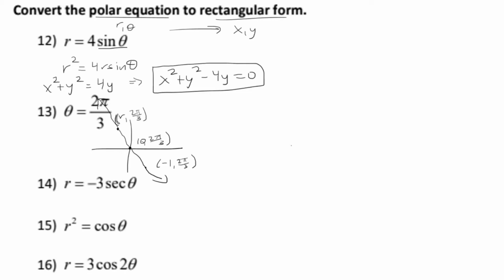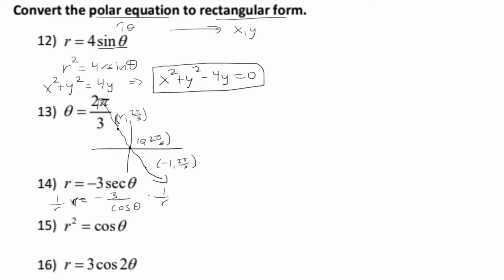For 14, I'm going to change secant theta as 1 over cosine. So I want to throw an r in front of the cosine. How do I do that? I have to divide by r, right? R would have to be in the denominator. So I have to multiply by 1 over r, and whatever I do on one side, I do to the other.